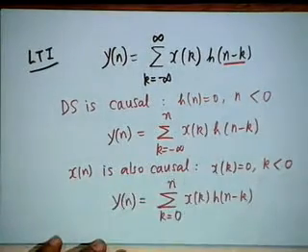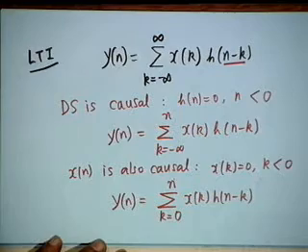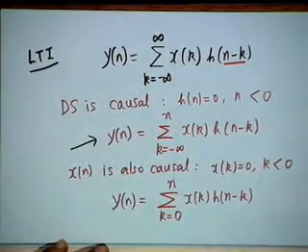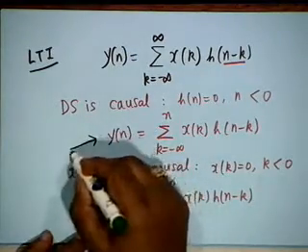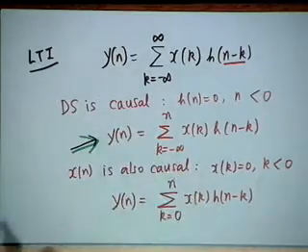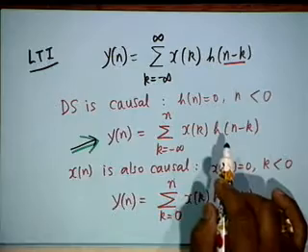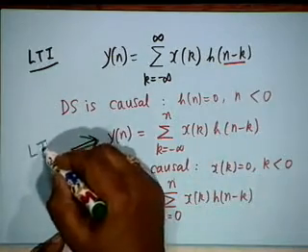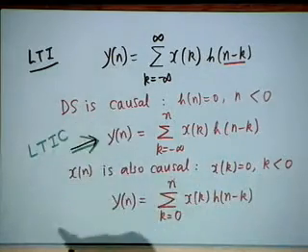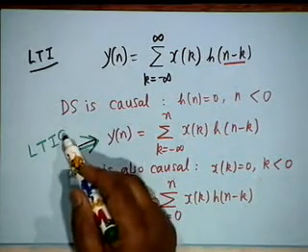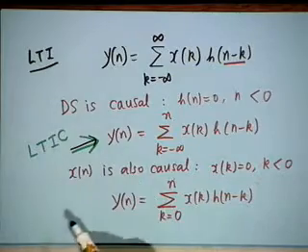This summation, let us take a green, is valid for linear, time invariant, causal system, LTIC. There is another qualification added, that is the causal system.